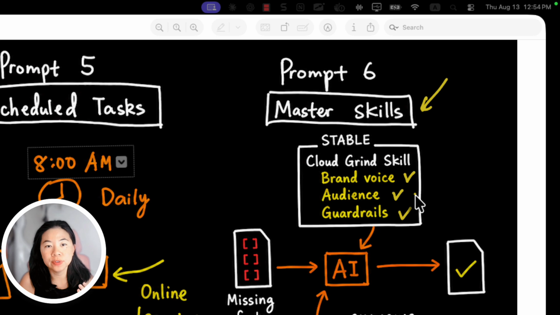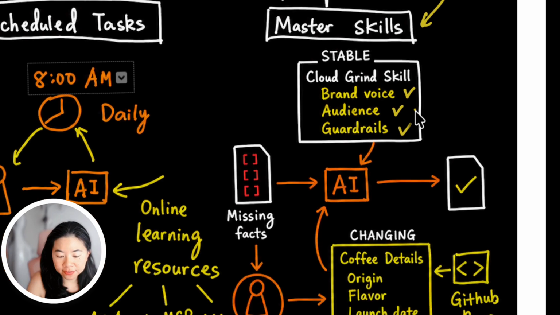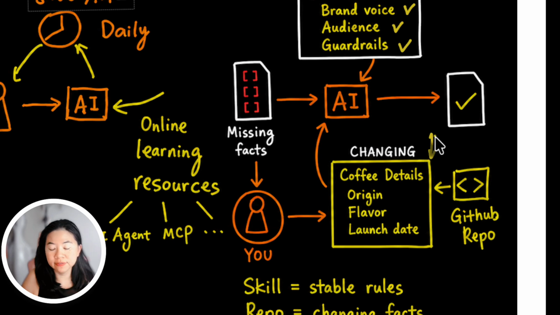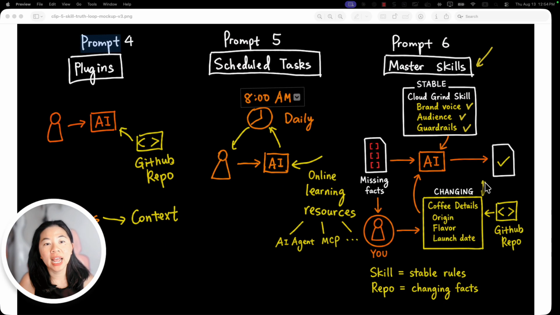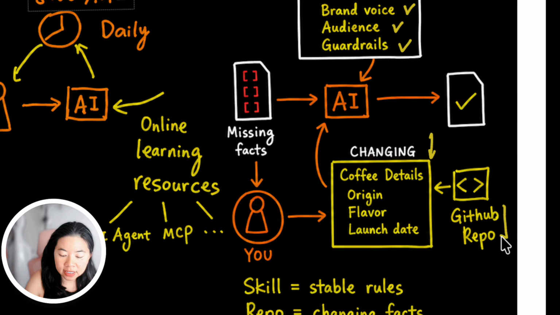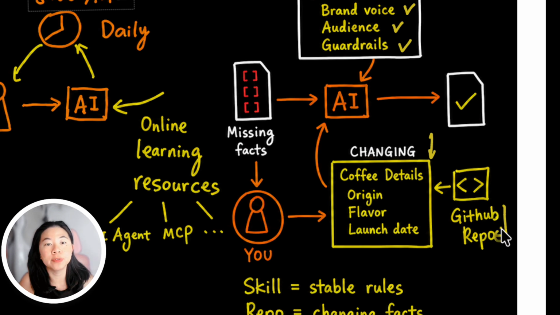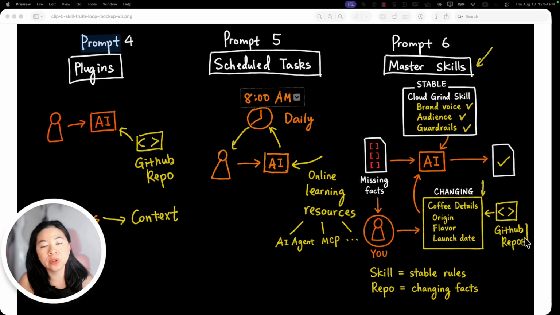But the details for one specific launch, such as the coffee details, right, origin, flavors, and launch date, those can change every time, and those should belong in a current product file in the repository that holds those specific pieces of information as the source of truth. And then the skill had followed the writing rules correctly, but this time it was the source that was incomplete.